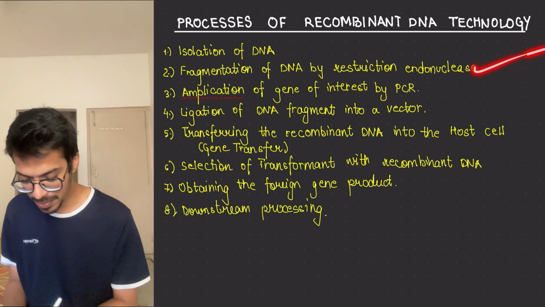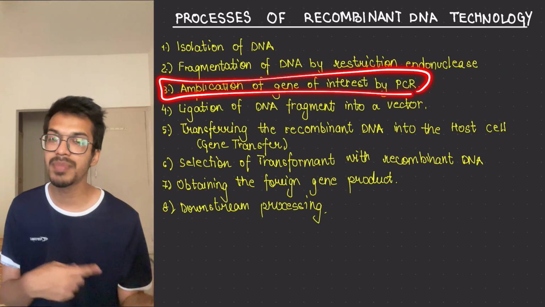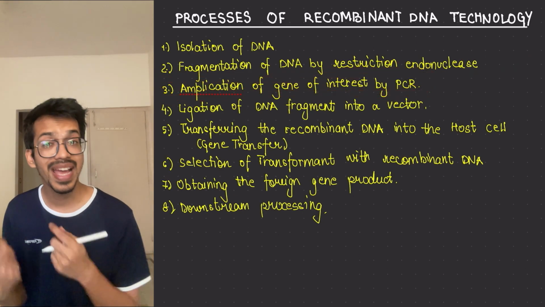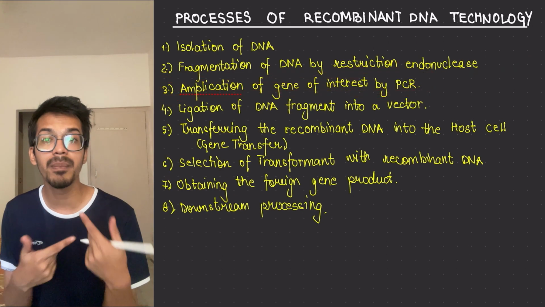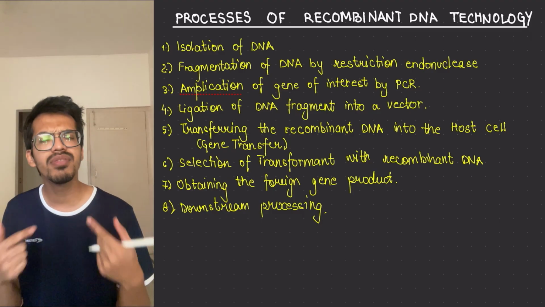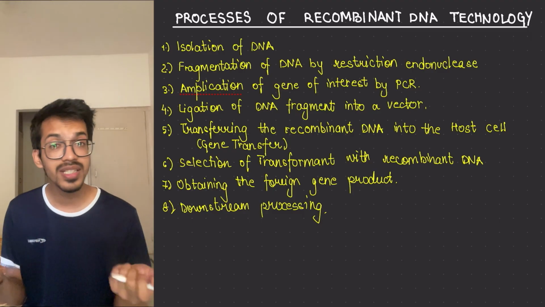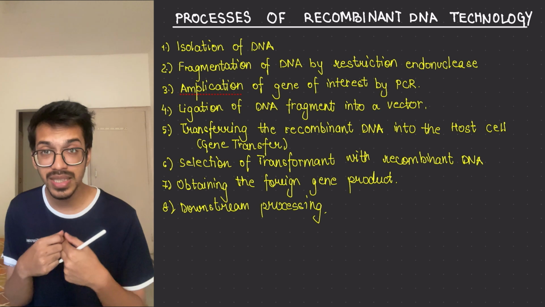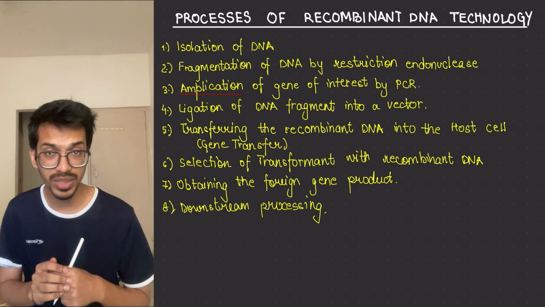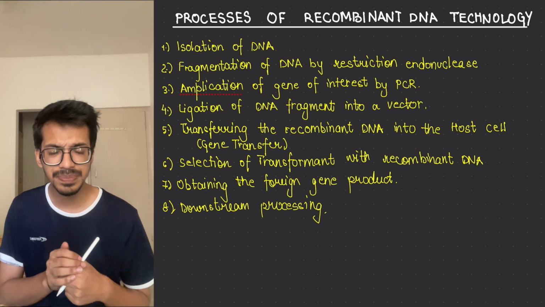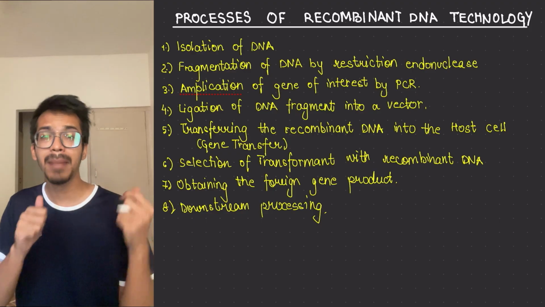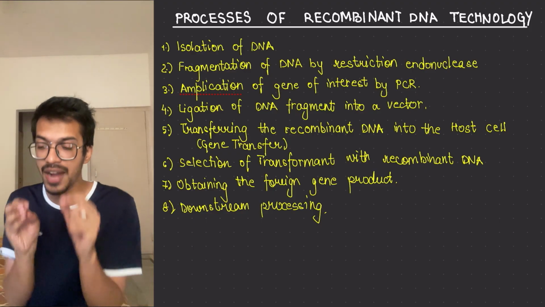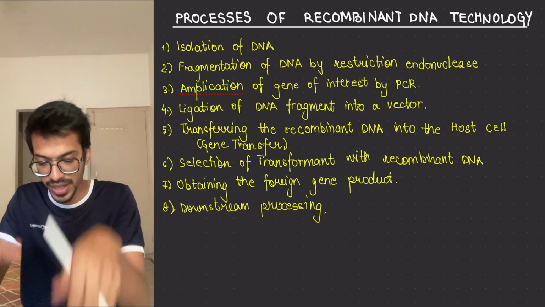Now the third step is amplification of gene of interest by PCR, which means what? With the help of PCR, we will increase the number of DNA content. Why we will increase the number of DNA content? Just imagine that if I am working with the DNA, I have only one DNA with me, which is a gene of interest. Now while working, my colleague just pushed me and all that DNA sample went on the floor.